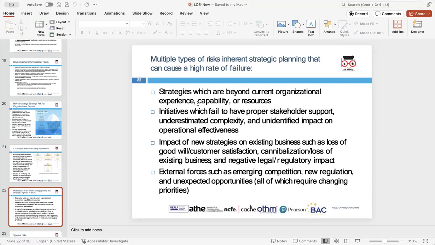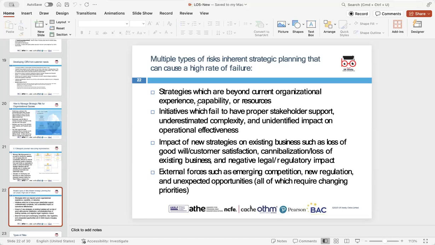For instance, initiatives that fail to gain proper stakeholder support or underestimate their complexity may struggle to be implemented effectively. Additionally, new strategies might have an unidentified impact on operational effectiveness, making it difficult for the organization to achieve its goals.